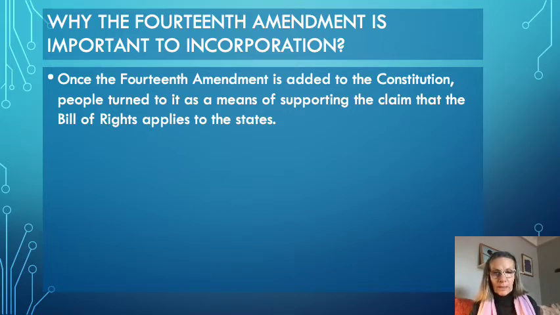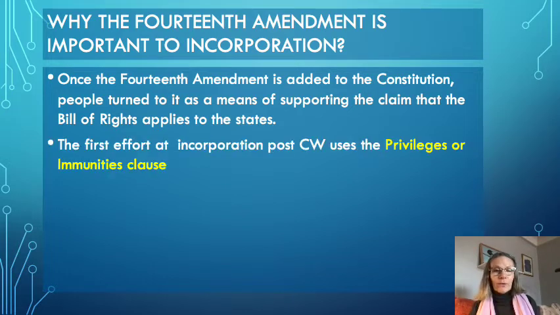Based on what the 14th Amendment is saying, all those privileges and immunities, all those liberties, where do we find those? We find those in the Bill of Rights. And therefore, basically, it's saying that states can't take away those rights either. So people turn to the 14th in order to incorporate the Bill of Rights.